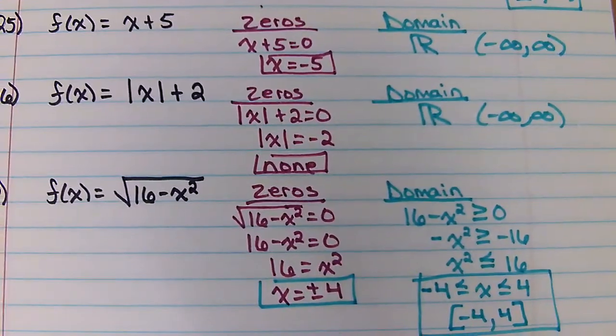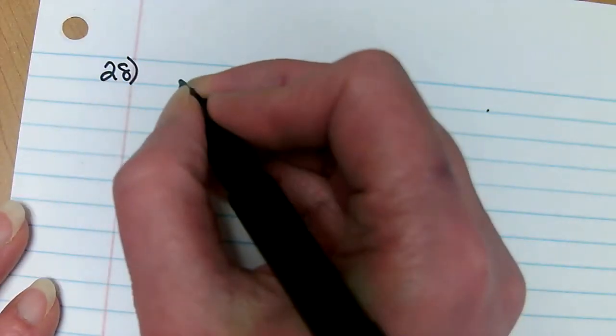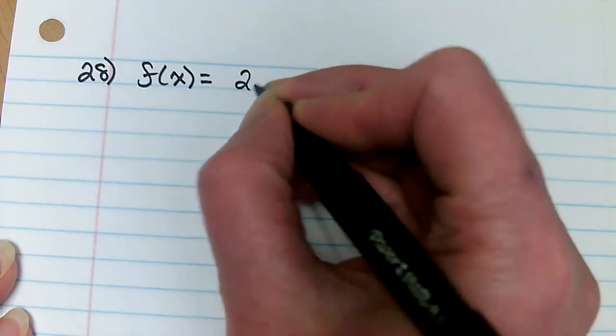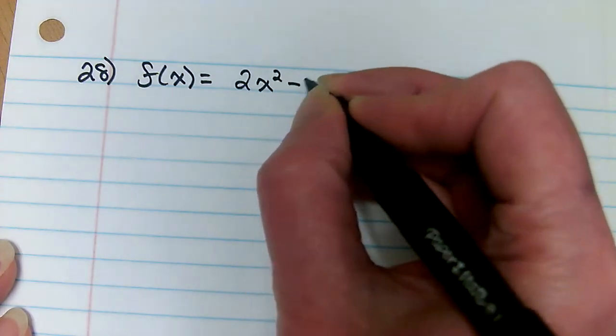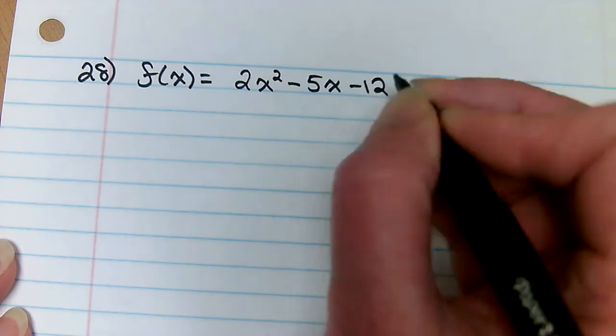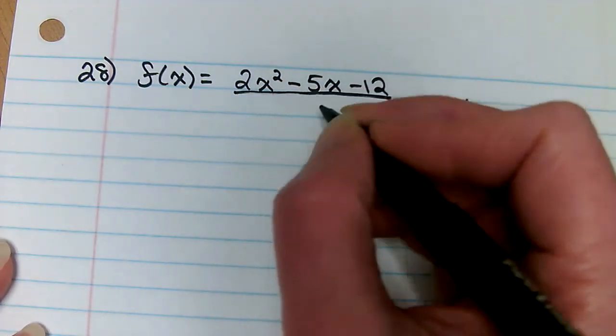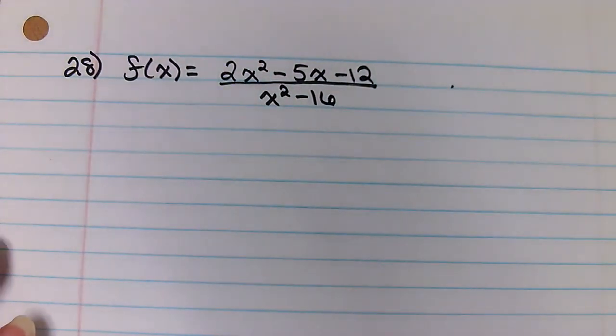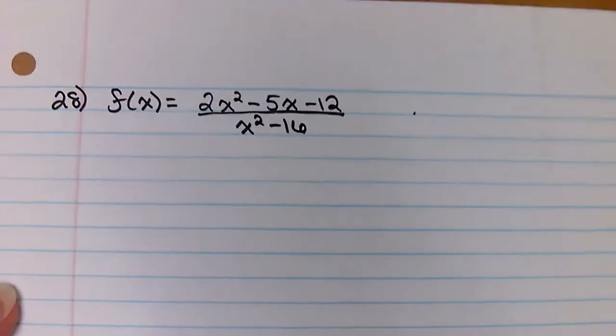Now in 28 and 29, we're talking about intercepts and asymptotes. Now, what would make this one a lot easier is if we factored. And I know most of you like to do the slide and divide.